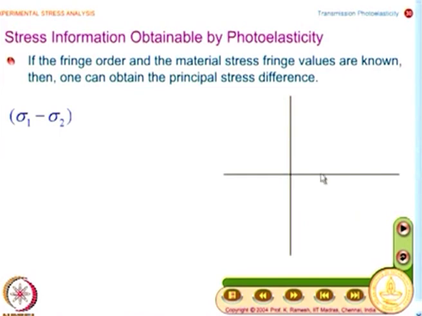So, here for this discussion, we assume at a point of interest you know the fringe order. We have not yet looked at the fringes, how to find out the fringe order, what is the optical arrangement, all that we will take up later. Suppose I know the fringe order, I know the material stress fringe value, and I also find out theta, what can I do?